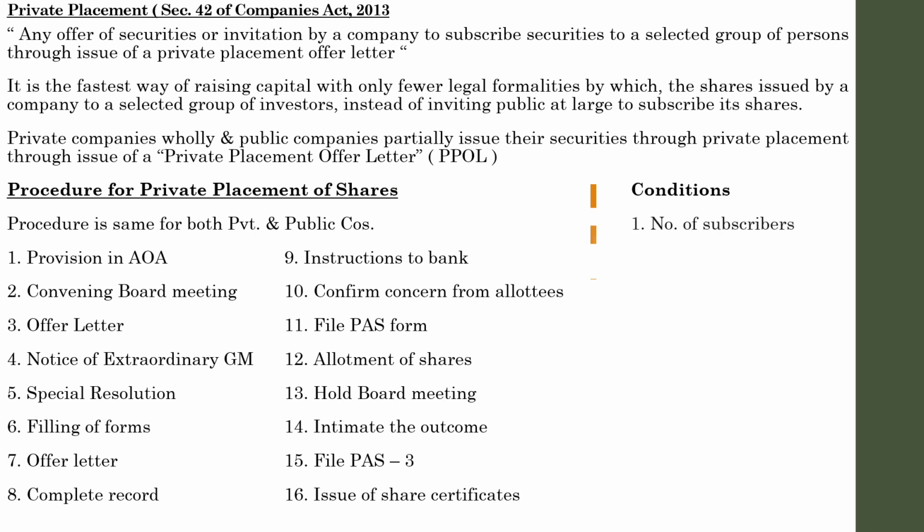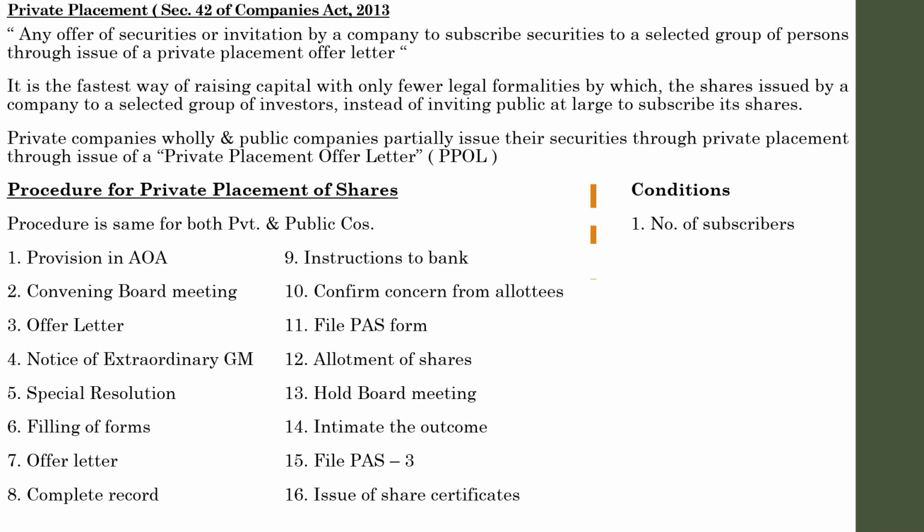First one, number of subscribers. Subscribers means, as we mentioned earlier, allottees or individuals to whom the private placement is going to be made. Those persons are known as subscribers. Under private placement, an invitation to subscribe to shares cannot be made to more than 200 people.